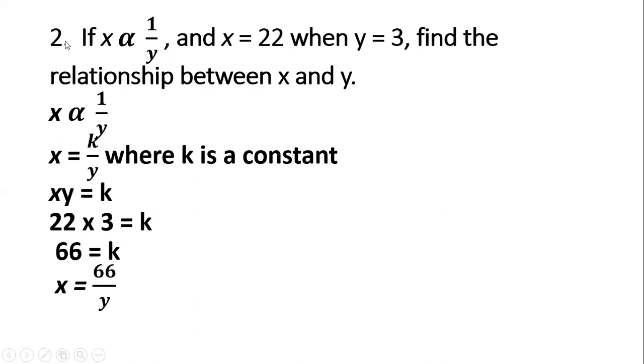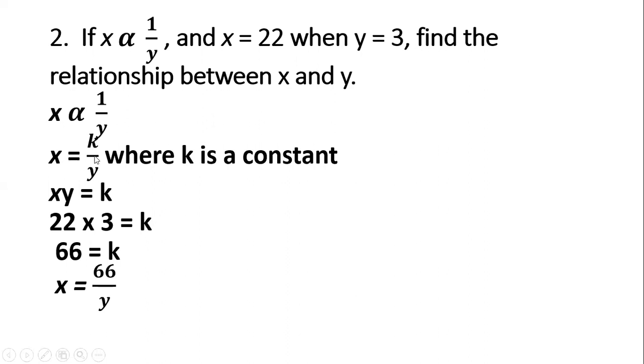Then we have another one. If X varies inversely as Y, I said earlier it's not 1 over Y, it is inversely as Y, and X equals 22 when Y equals 3, find the relationship between X and Y. So we start: X varies inversely as Y. Make K the constant.